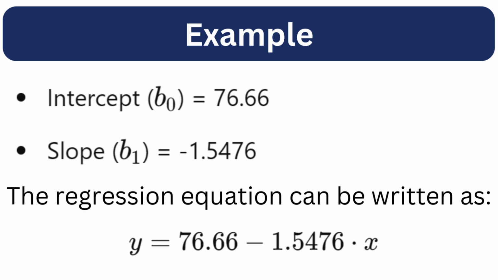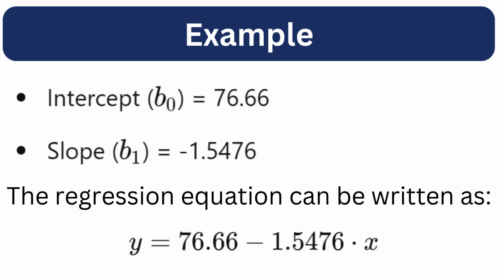Beta naught, or the intercept, represents the predicted value of the dependent variable when the independent variable equals 0, indicating the starting point of the regression line. Beta 1, or the slope, shows how much the dependent variable is expected to change for each 1 unit increase in the independent variable. It also reflects the direction of their relationship.